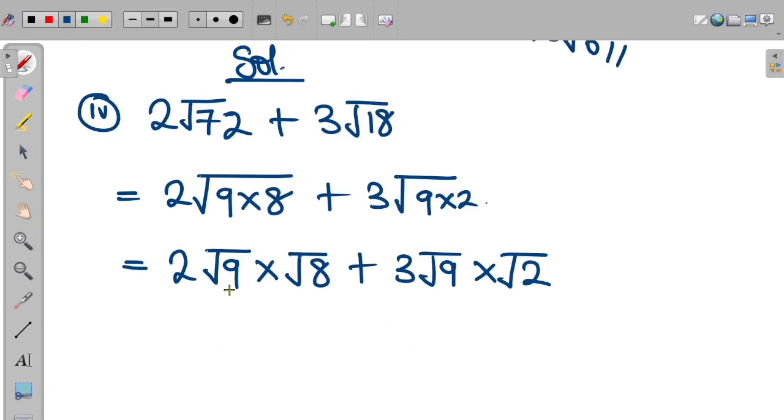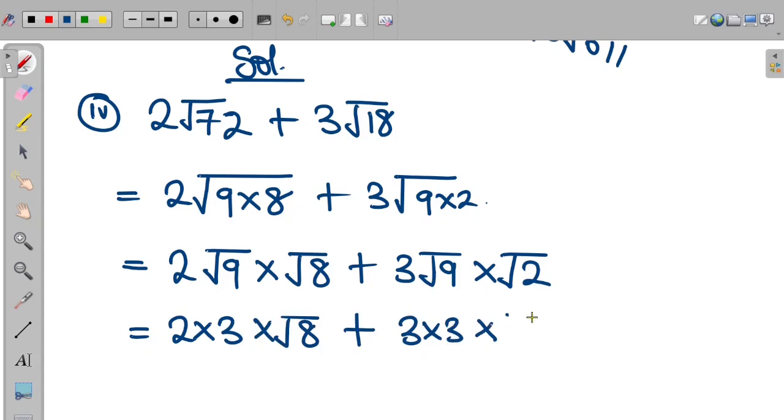Now 9 is a perfect square and root 9 is 3. So we have 2 multiplied by 3 multiplied by root 8 plus 3 multiplied by 3 multiplied by root 2. Now 2 times 3 is 6, so we have 6 root 8, plus 3 times 3 is 9, so we have 9 root 2.